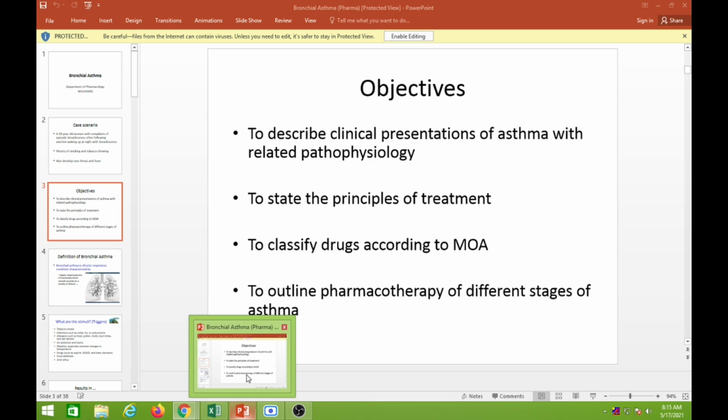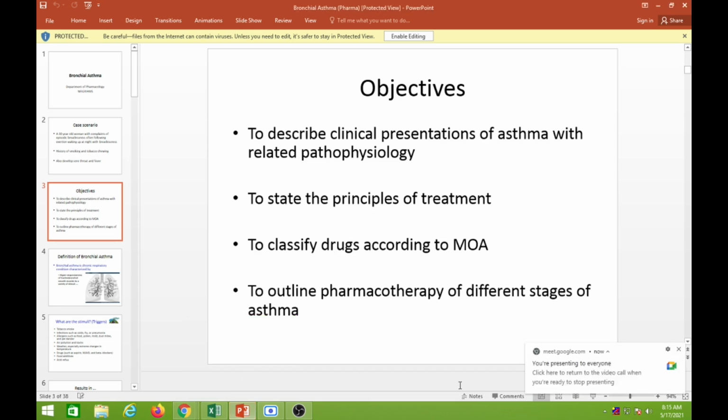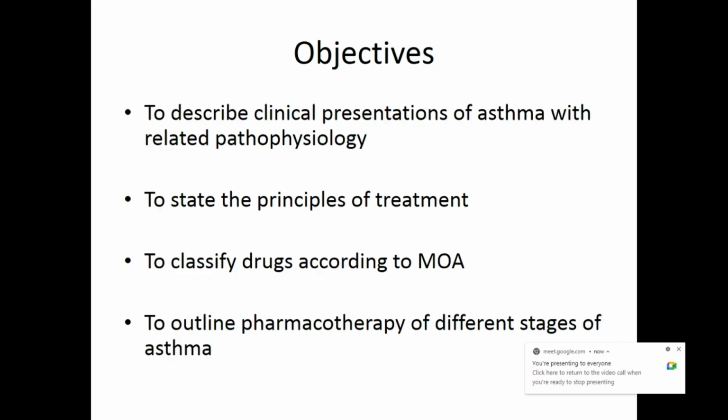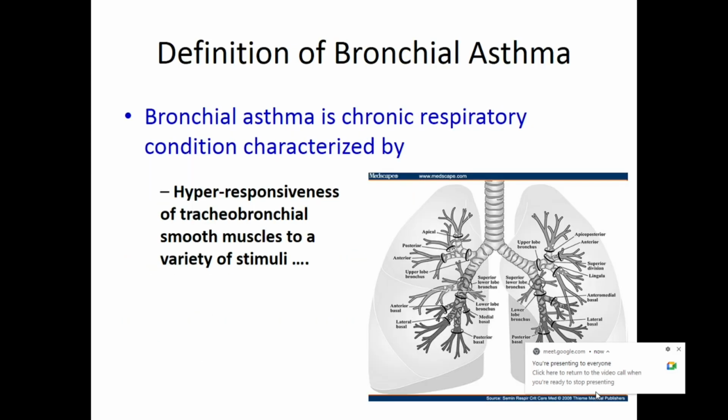Based on these objectives, let's go straight to what exactly bronchial asthma is. By definition, bronchial asthma is a chronic respiratory condition. Look at these triads, characterized by hyperresponsiveness of tracheobronchial smooth muscle to a variety of stimuli.